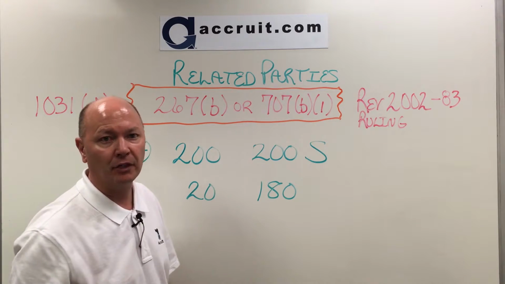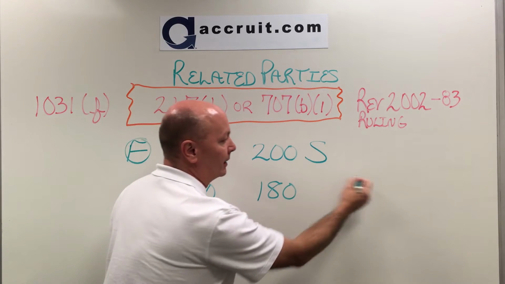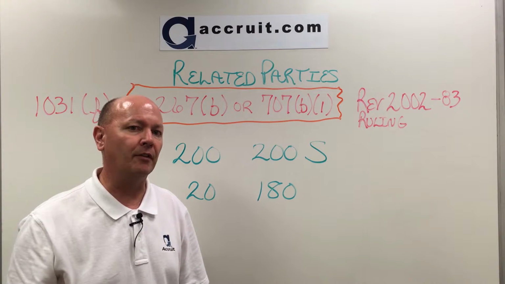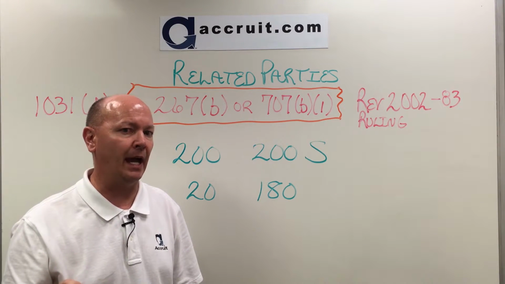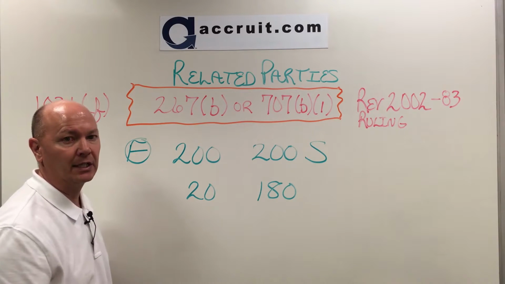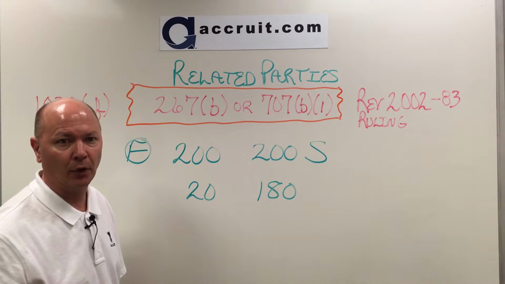Therefore, it would only have a $20,000 built-in gain. And if son immediately sells that property to somebody else, he would only have to pay a very small amount of tax. Which in reality, if father sold that initially to somebody else, there would have been a much higher tax due on that property.